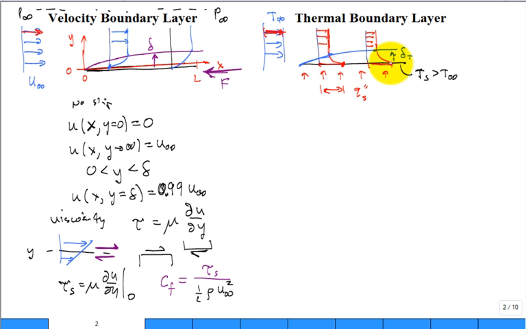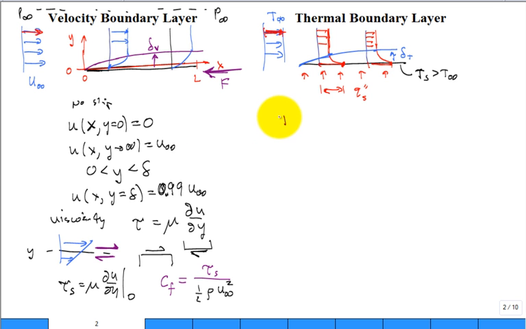That's called the thermal boundary layer. Sometimes they'll add another subscript to this boundary layer to say that's the velocity boundary layer, but I don't think this book does that. I think if there's no subscript on it, then that's the velocity boundary layer. And if there's a subscript T on it, well, that's the thermal boundary layer.